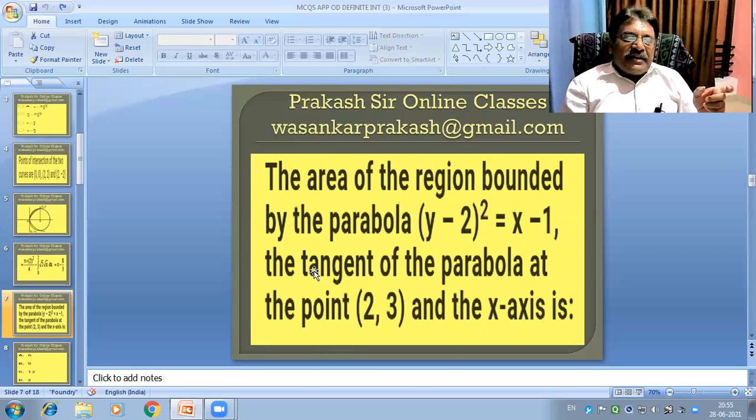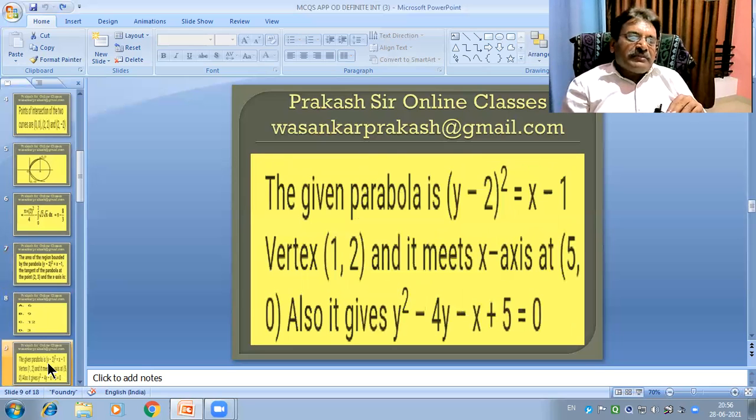Next, we find the equation of the tangent to this parabola at the point (2, 3), and then we find the required area. So first we write the given equation of the parabola: (y - 2)^2 = x - 1.